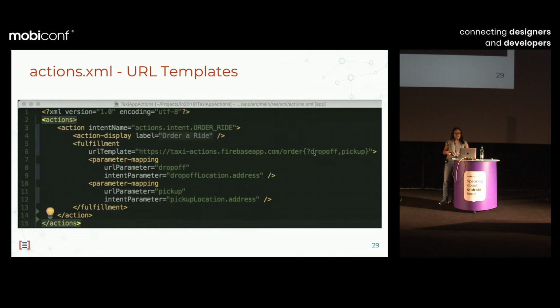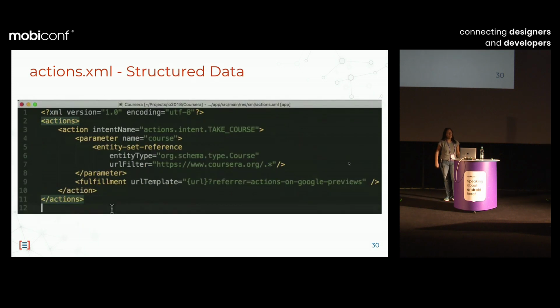In this case, we have two parameters, the drop-off location and the pickup location. And then you have a basic mapping from the URL to an intent parameter. And this is what it looks like for the structured data.